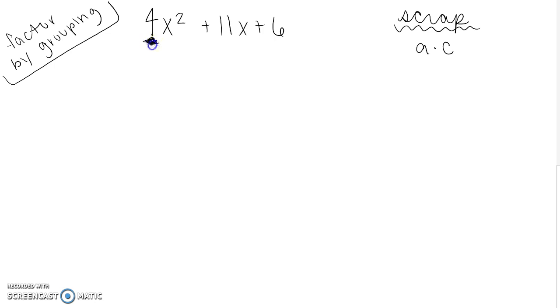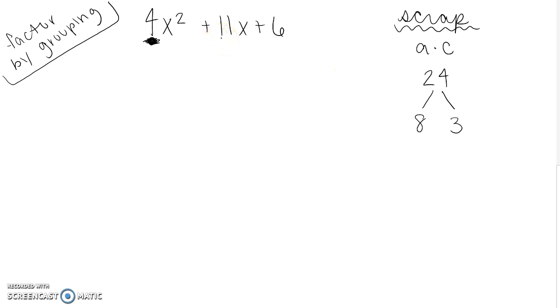So because of this 4, we have to do a times c. So 4 times 6 is 24. Now what we can do is say what multiplies to 24 and adds to 11. Okay, so 8 times 3 is 24, and 8 plus 3 is 11.